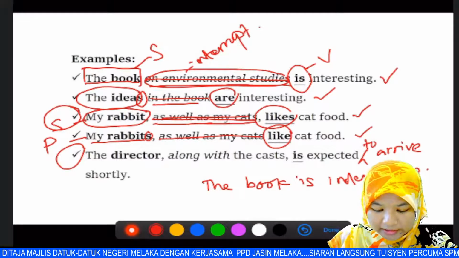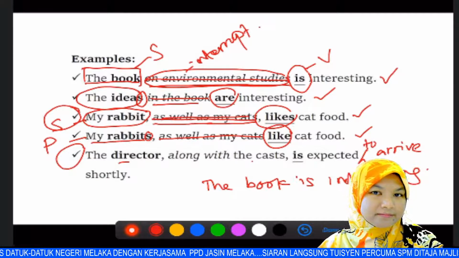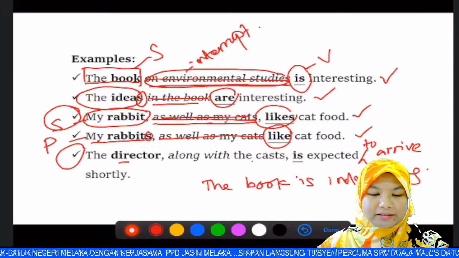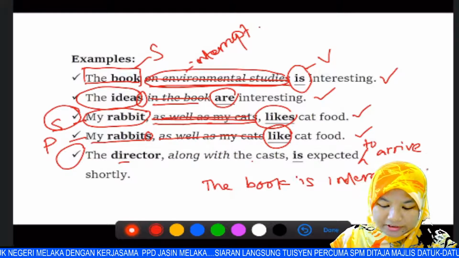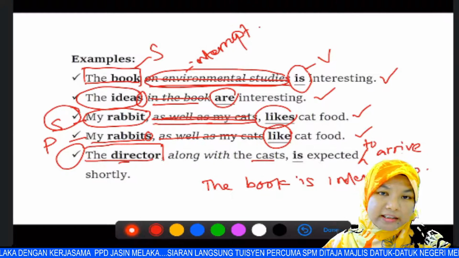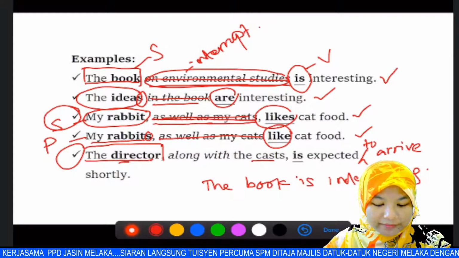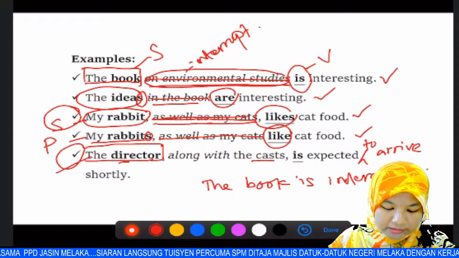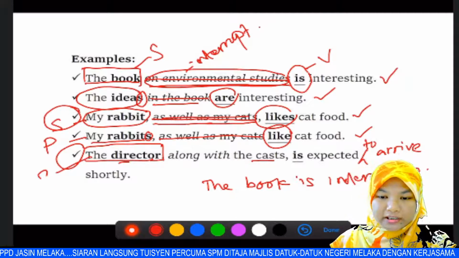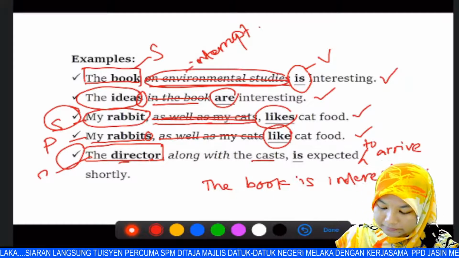Is it the director or the cast? Yes, good. The real subject here is the director. There is only one director, so it is a singular subject. A singular subject takes a singular verb, "is."